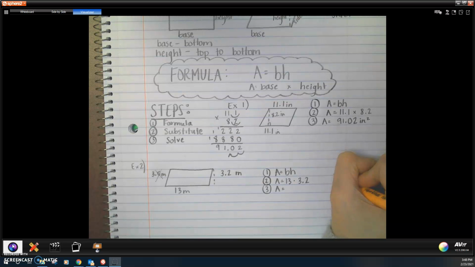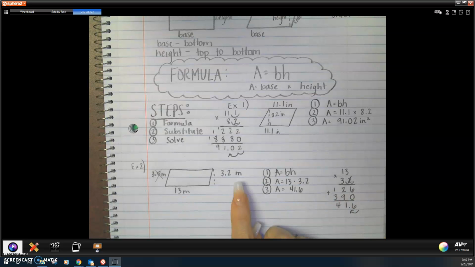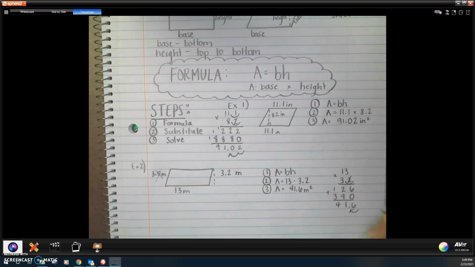We just multiply. 2 times 3 is 6. 2 times 1 is 2. 0. 3 times 3 is 9. And 3 times 1 is 3. We add. 6 plus 0 is 6. 2 plus 9 is 11. And 1 plus 3 is 4. And don't forget to move your decimal. So my answer would be 41.6. And since this time my units are meters, my answer would be meters squared.